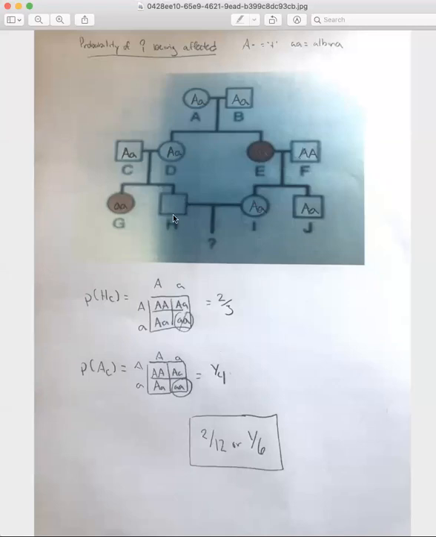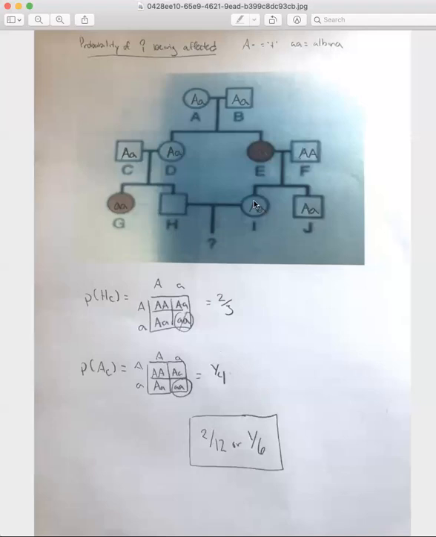Okay, so now in order for the child of H and I to be affected, a couple of different events have to happen. The first event, just like I was talking about before: for an individual to be little a, little a, both of their parents have to at least be carriers. We know here that I is already a carrier, so the probability that I is a carrier is 1.